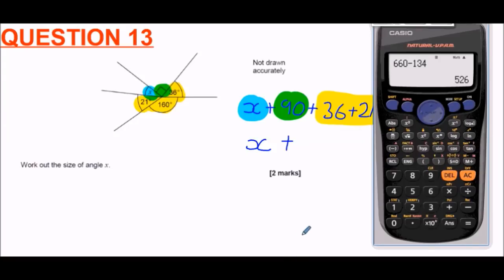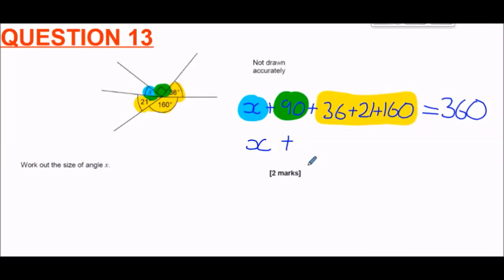And so if you look at this here, we've got 90 plus 36 plus 21 plus 160. And that all comes to 307. And so it's x plus 307 that equals 360.